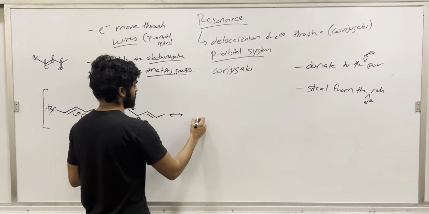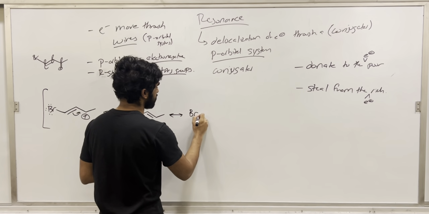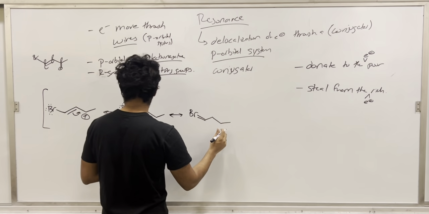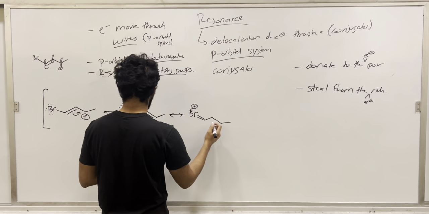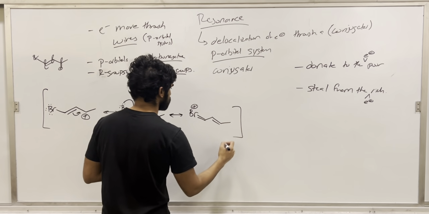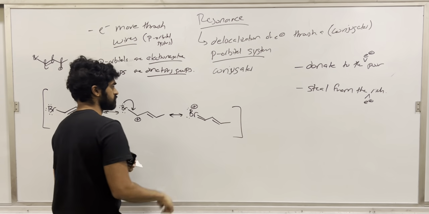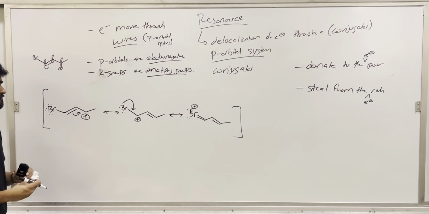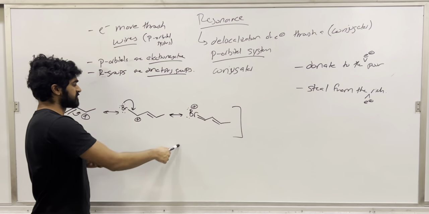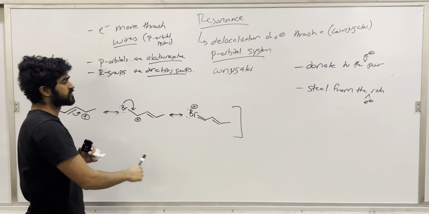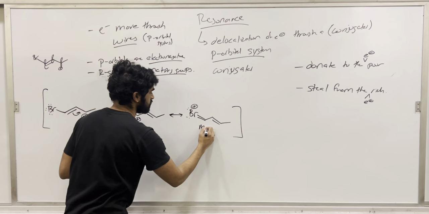Yep. So now we're getting into lone pair resonance. And it's always better to have something with an octet than something without an octet. So this is the major contributor.